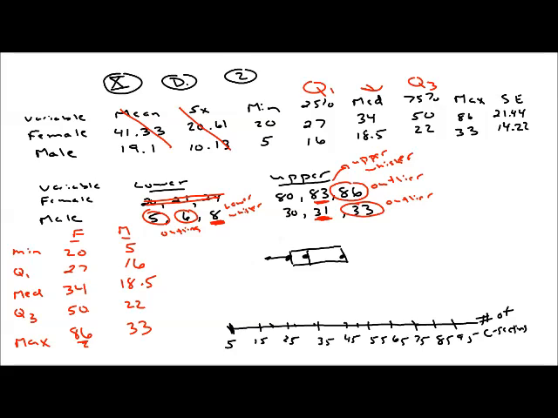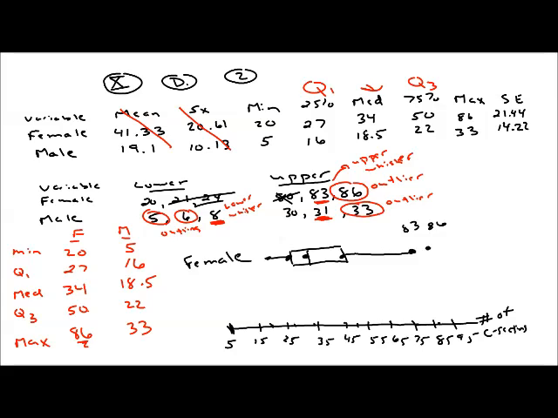My max is 86, but I have an upper outlier, and that is my max actually, 86. So right here. My upper whisker is 83. This is 86, this is 83, just to let you know. Does 80 even get graphed? No. Do 20, 21, 24 get graphed? Well, 20 did because that was my lowest number, but 21 and 24 did not. Just because they have these numbers here doesn't mean you just start graphing them all. So this is female.